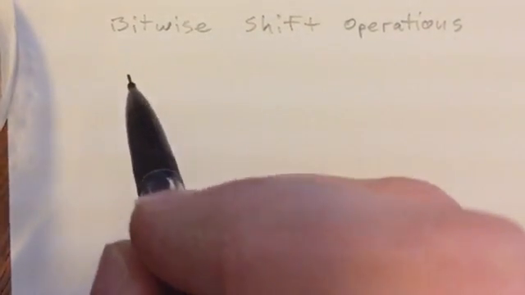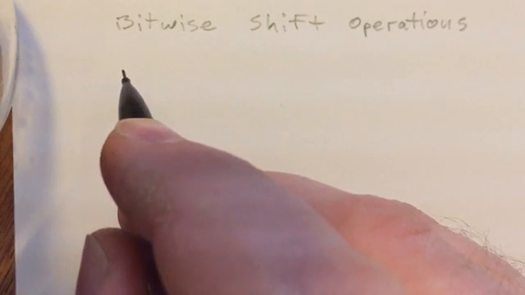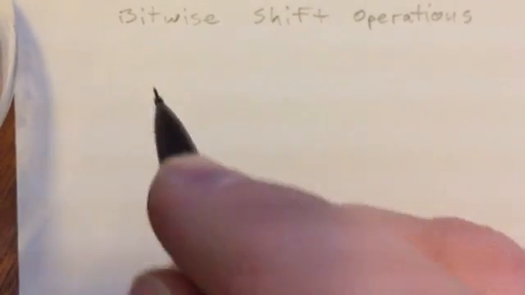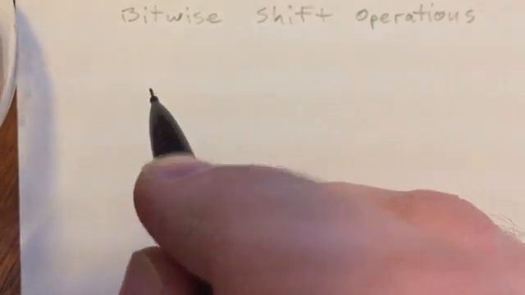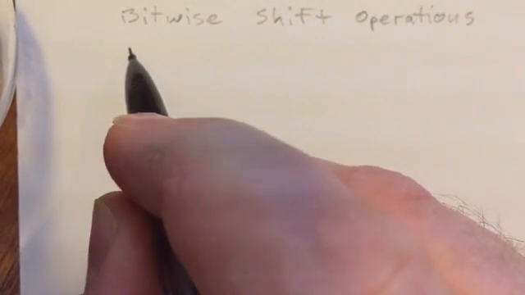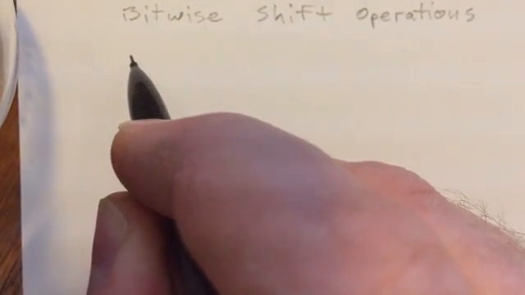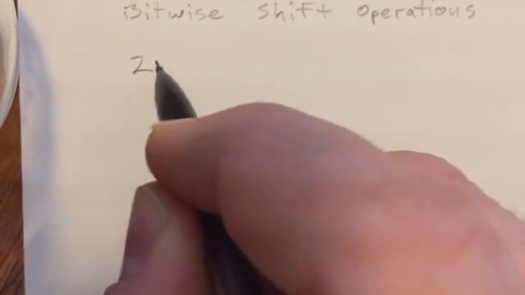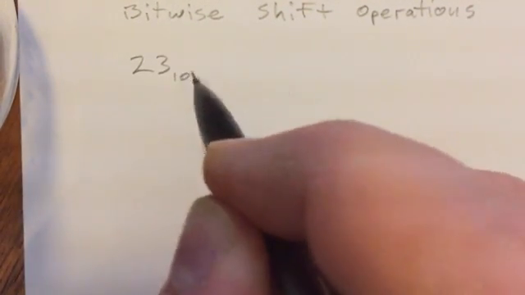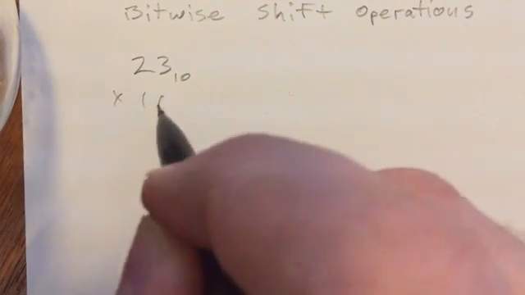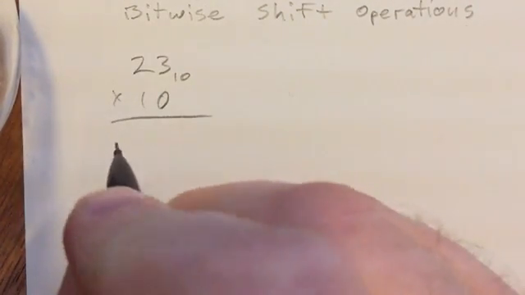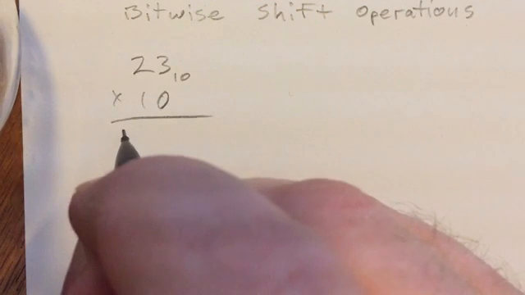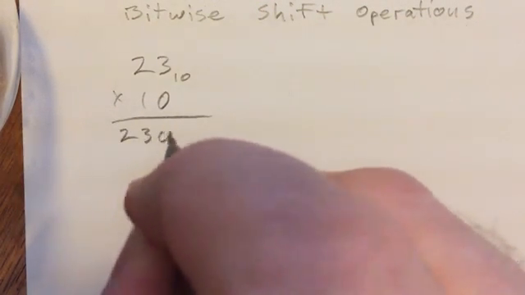So let's walk through the high-level version, or really the human-level version, of what we're trying to do here. Let's say I have a number in base 10, 23, and I want to multiply it by 10. We know that this is going to be 230.